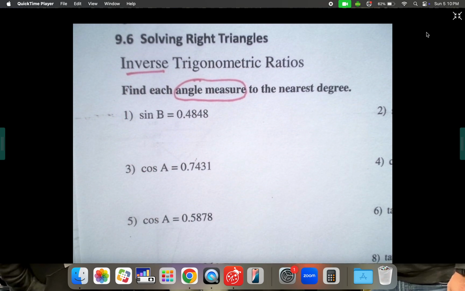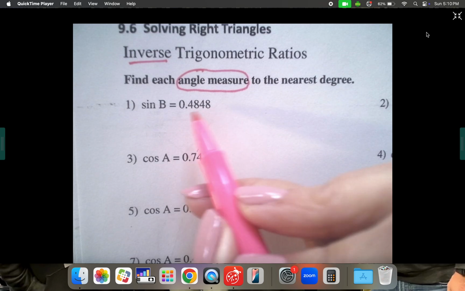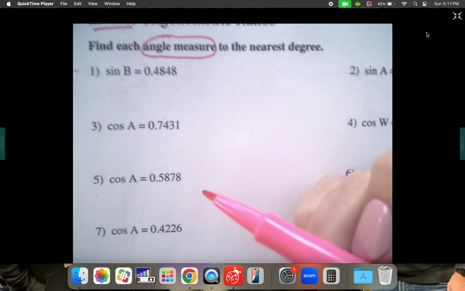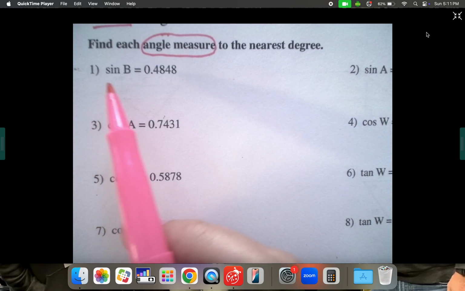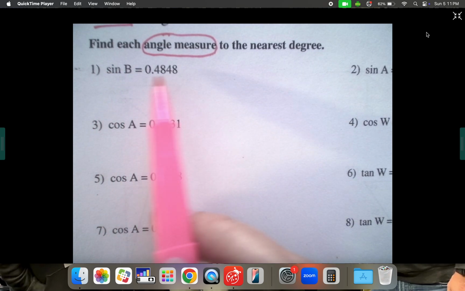So it was finding side lengths, but we can also find the angle measures in right triangles using the inverse trig ratios. I think you'll remember in previous lessons, I told you to go out 4 decimal places. That's the standard when you're using the inverse trig function, because it's a little bit more precise. To find angle B using the sine ratio, all we have is what the ratio equals.